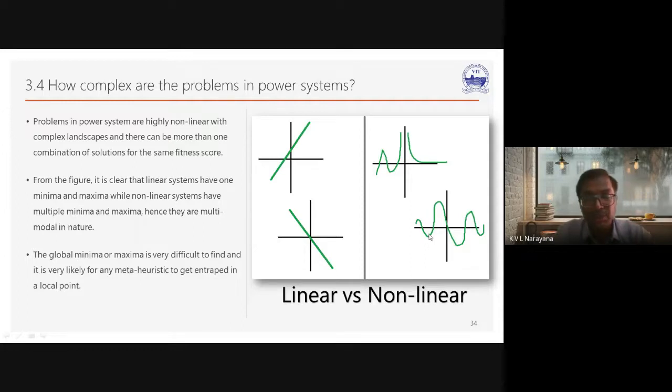So when we apply an optimization algorithm, it may get trapped at a local minimum instead of reaching the global minimum. That's why, when the problem is non-linear and multi-modal, we have to be very careful while applying the right algorithm to get the best solution. So this is the complexity of the problems in power systems.